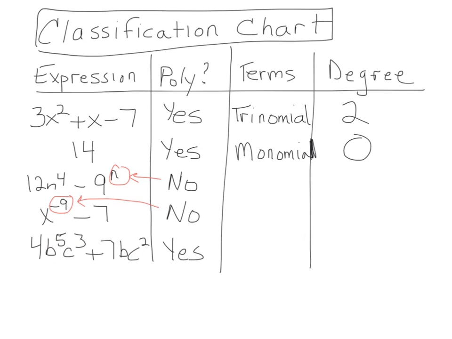Two makes it a binomial. And the degree? Well, this one has a degree of 8 because 5 plus 3 is 8. This one has a degree of 3, 2 plus 1. Well, 8 is higher than 3, so the degree is 8.